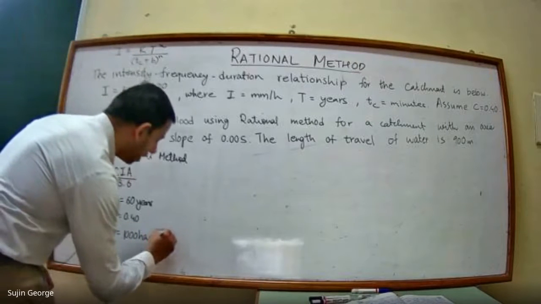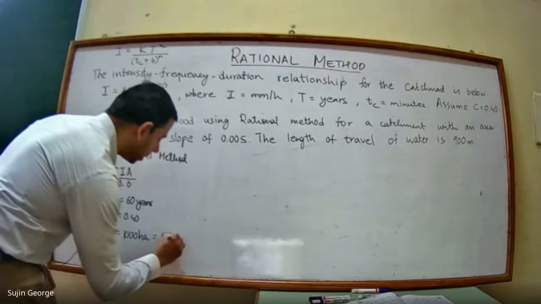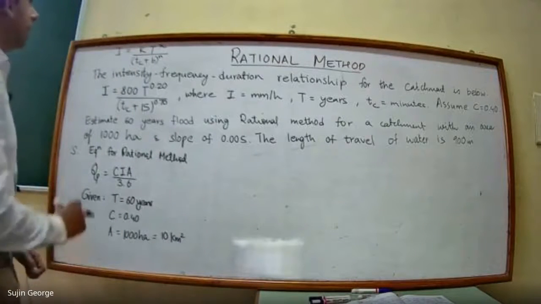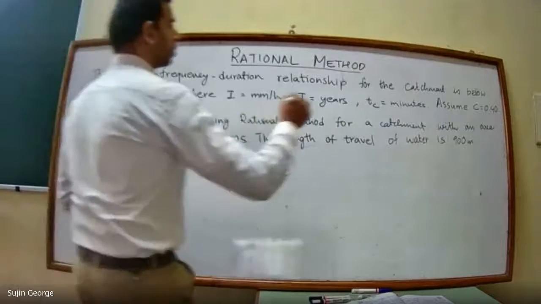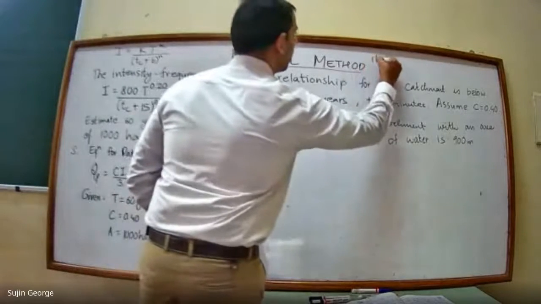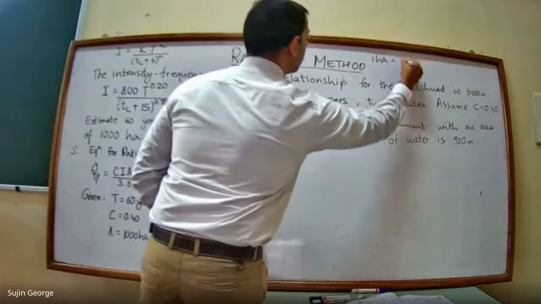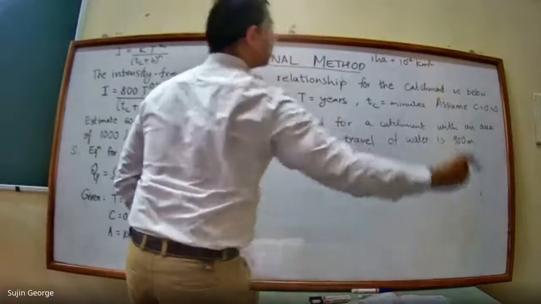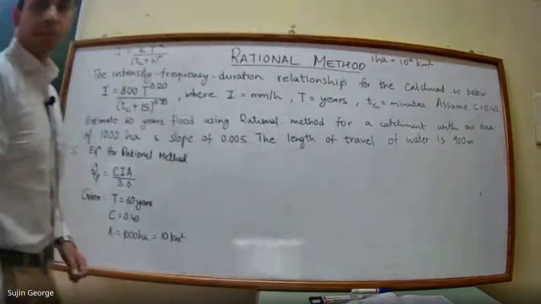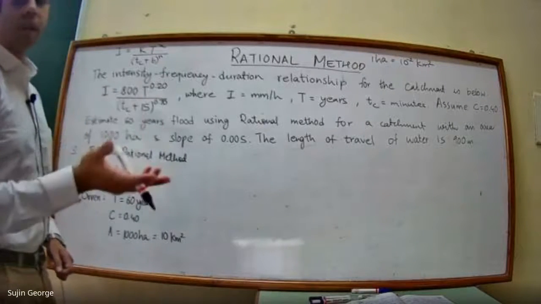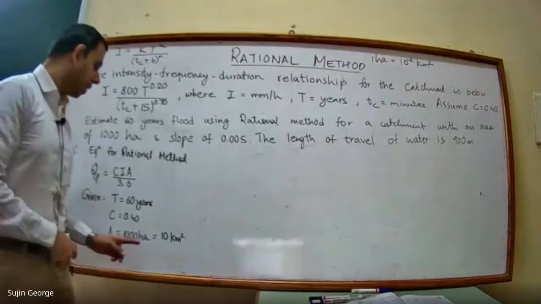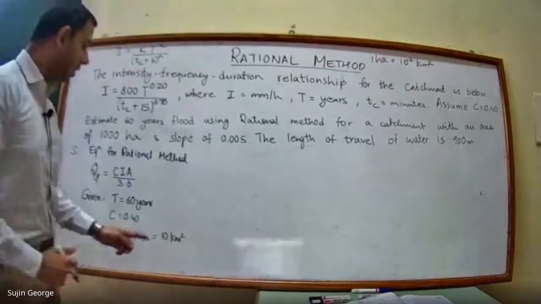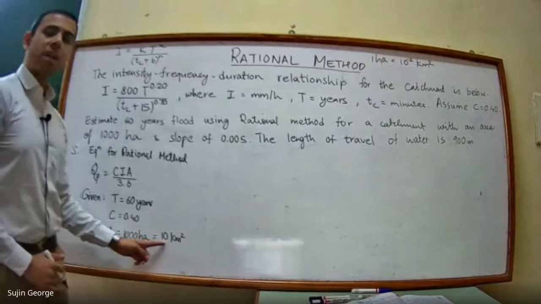So when we do that, we'll get the value as 10 kilometer square, because 1 hectare is 10 to the power minus 2 kilometer square. If you want to convert hectare to square kilometer, then 1 hectare is 10 to the power minus 2 square kilometer, and then it will become 10 square kilometer.